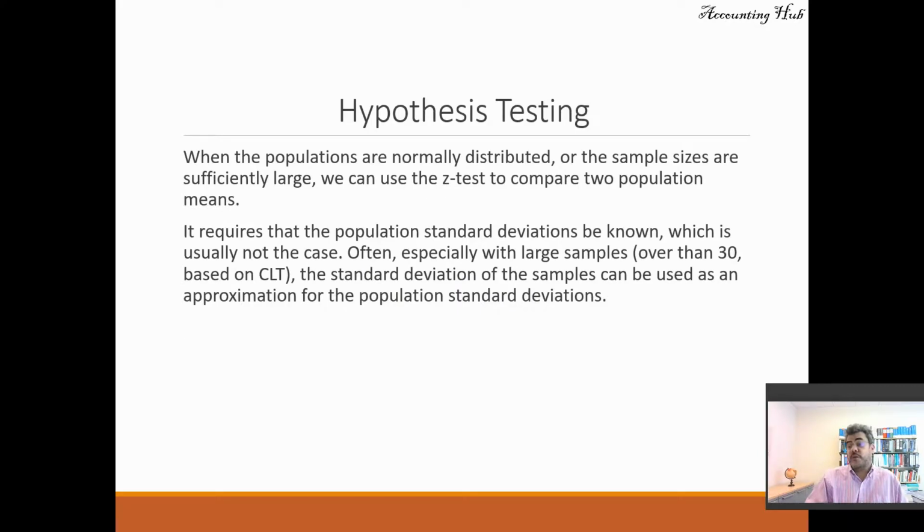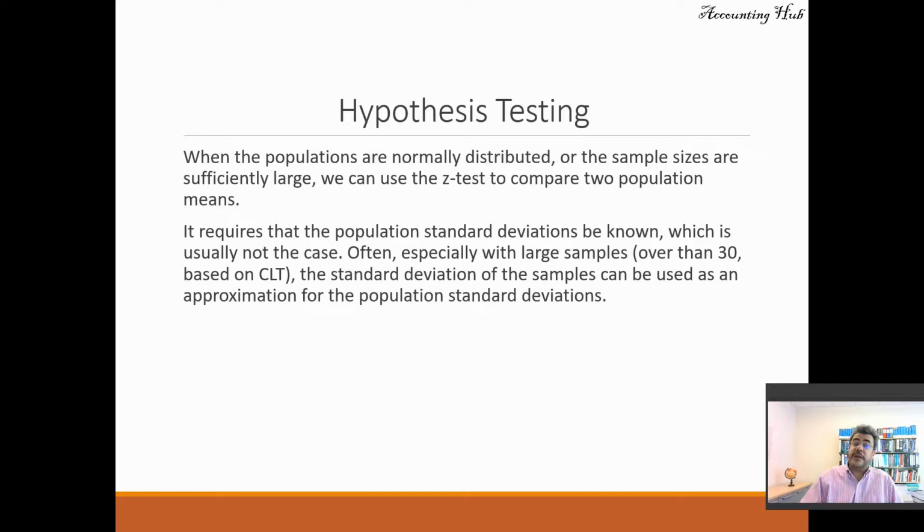But here, what do we have when we compare means? When the populations are normally distributed or the sample sizes are sufficiently large, over 30 based on the central limit theorem, by the way, we have a video about that on the playlist, we can use the z-test to compare two population means. It requires that the population standard deviation be known, which is usually not the case.